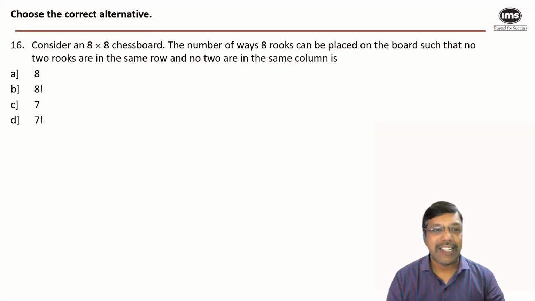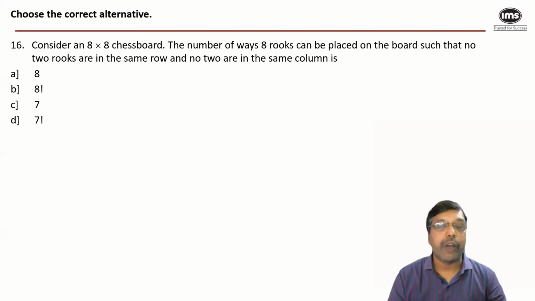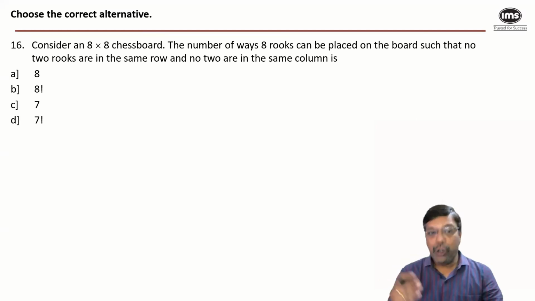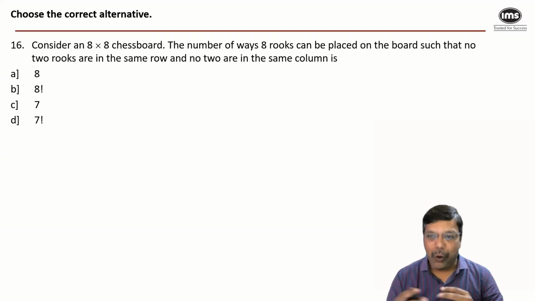Now let's look at this 16th question. There's an 8 by 8 chessboard. The number of ways 8 rooks can be placed on the board such that no 2 rooks are in the same row and no 2 are in the same column is.